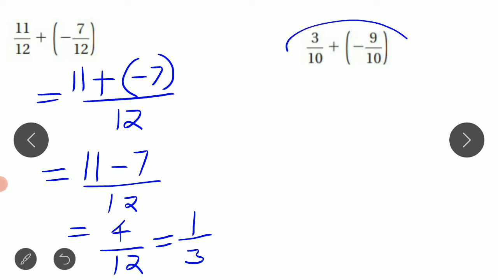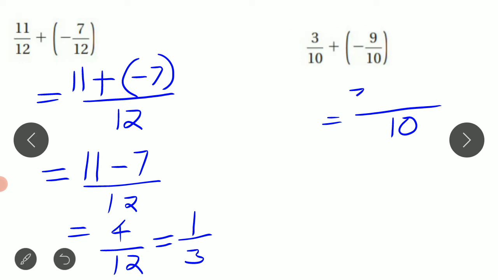Then let's see another question. Again we are going to add the rational numbers. See whether the denominators are same or not. If the denominators are same, let's pick up the common denominator 10. Then simplify the numerators.